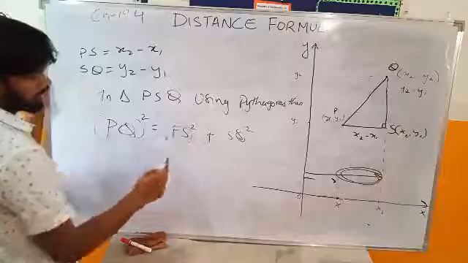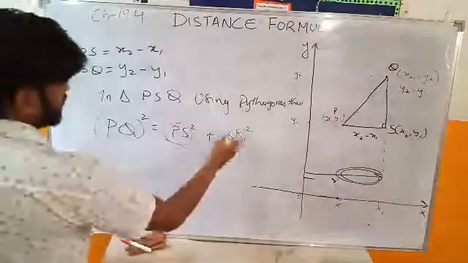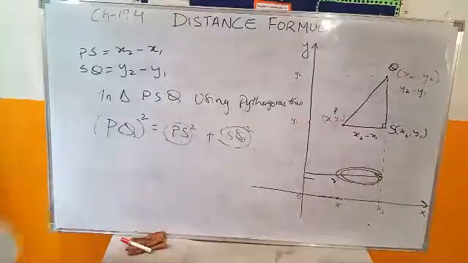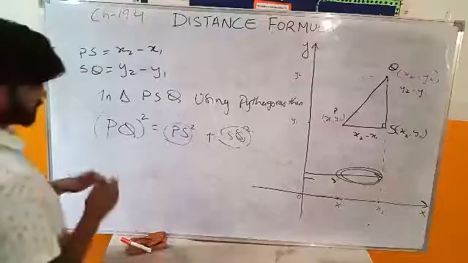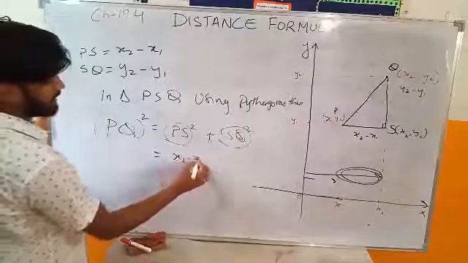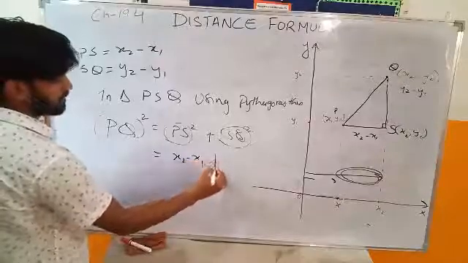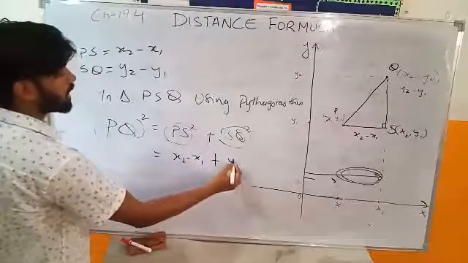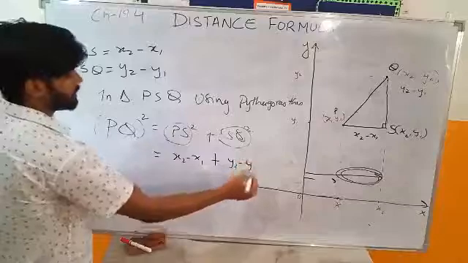But I have the values of this, value of this. So PS कितना है मेरे पास, PS equals to x2 minus x1 plus SQ कितना है मेरे पास, y2 minus y1.